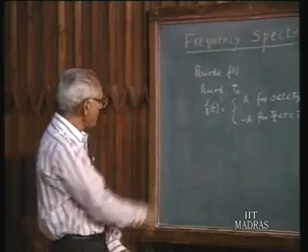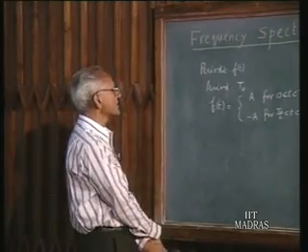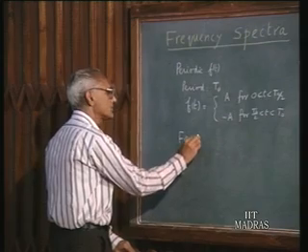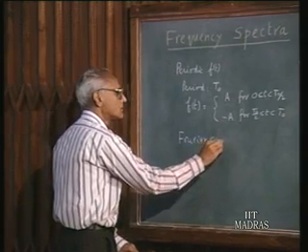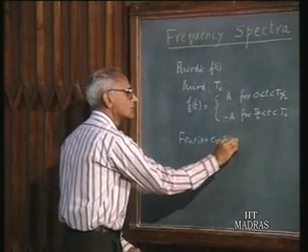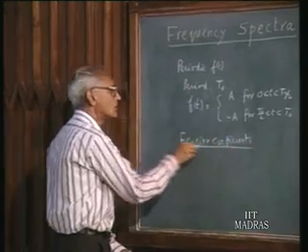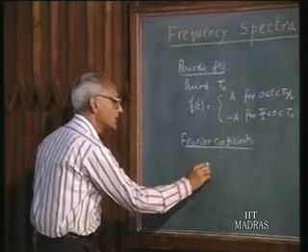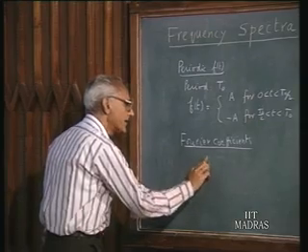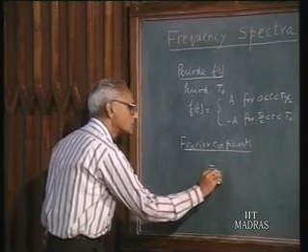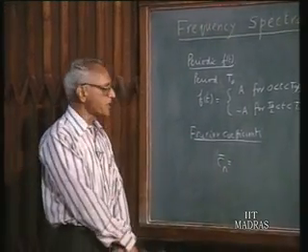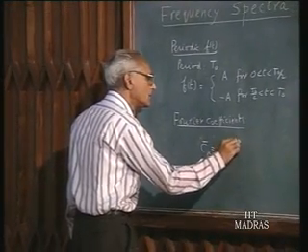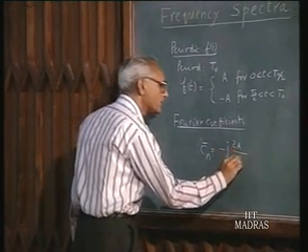Now, when you perform the Fourier analysis of this, we can describe the Fourier coefficients of this waveform. We know that Cn, the Fourier coefficient in the exponential representation, is minus j 2A by n pi.